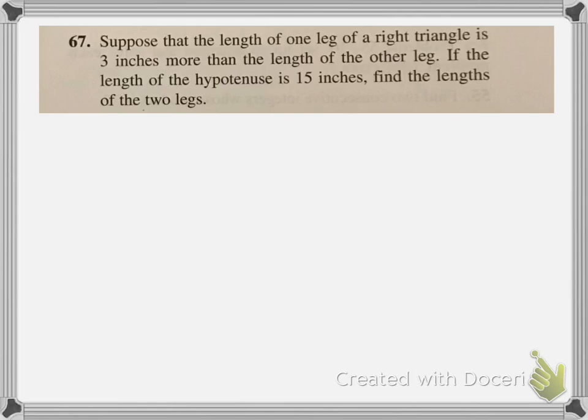Suppose that the length of one leg of a right triangle is 3 inches more than the length of the other leg. If the length of the hypotenuse is 15 inches, find the lengths of the two legs.